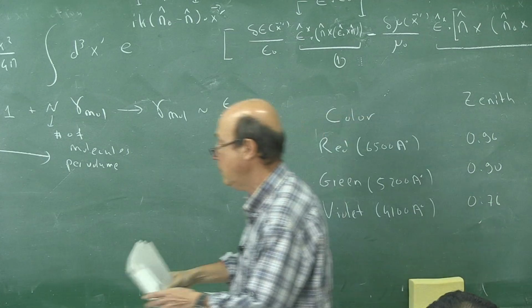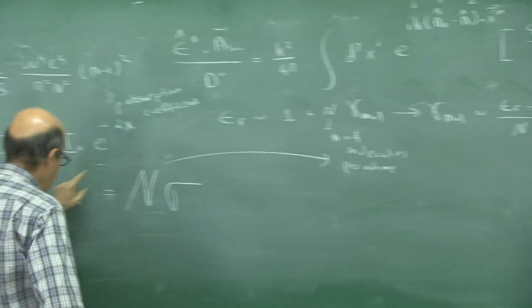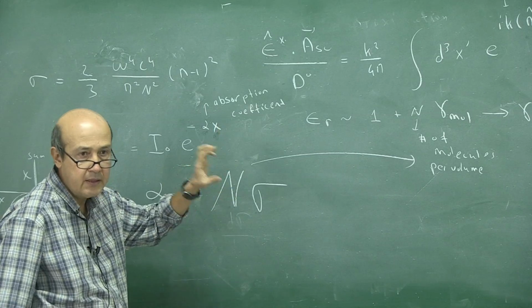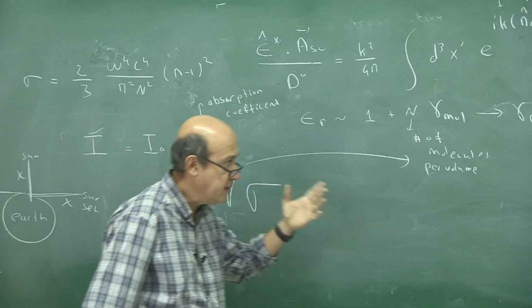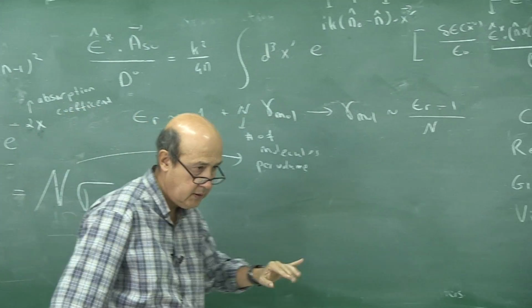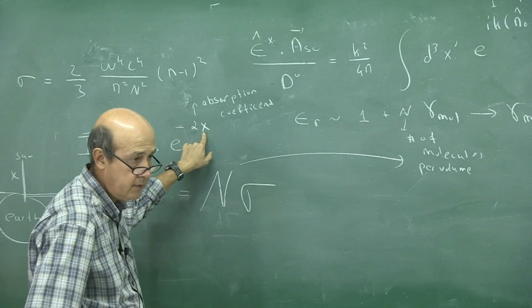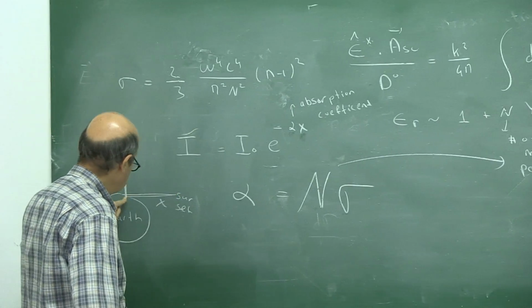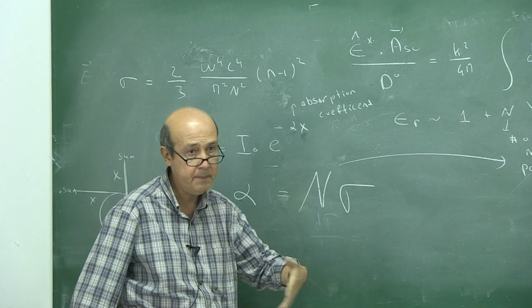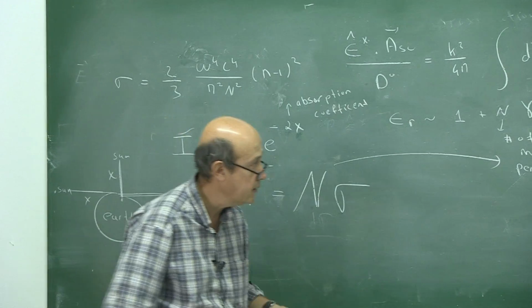Why? Because the absorption coefficient is the same, but the total distance is not much. But during the sunrise and sunset, the atmosphere becomes thick. So the total distance which the light beam travels increases.